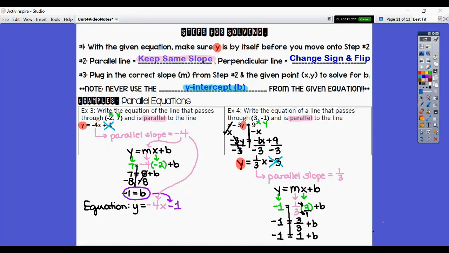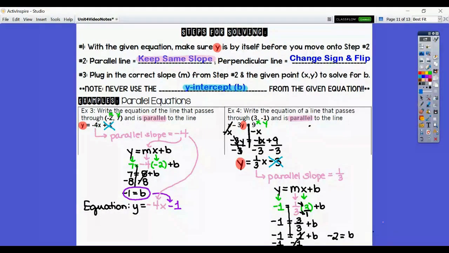I will then go ahead and subtract 1 over on each side here, leaving me with a cancellation of 1 minus 1 on the right, leaving just b. And then on the left, I have a -1 minus 1, which is a -2.